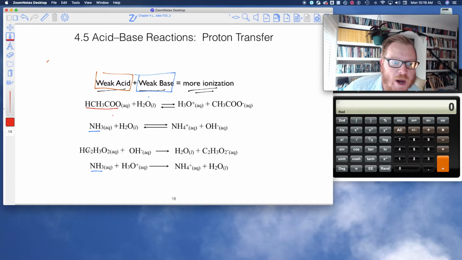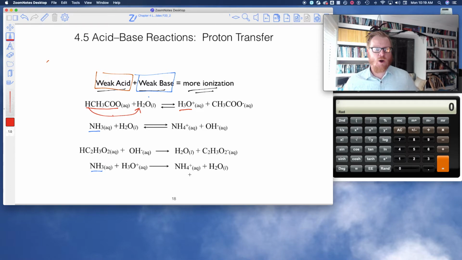Now let's see what happens here. The acetic acid, I know I wrote it down slightly different here, apologies. The proton goes to the water. An acid is a proton donor. So now my H3O plus is an acid.